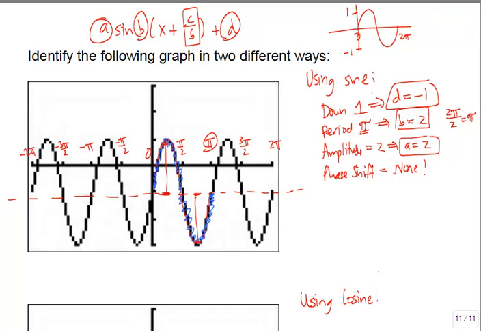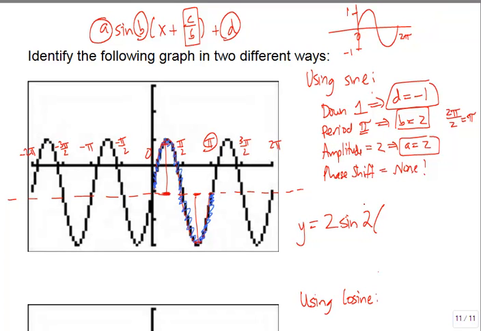So now that we have all the pieces, we're just going to plug in A, we're going to plug in B, we're going to plug in our phase shift, and we're going to plug in our vertical shift. So the amplitude was 2, so I need my curve to have a coefficient of 2. We're using a sine curve. We wanted a compression of that period by a half, so we need that B to equal 2.